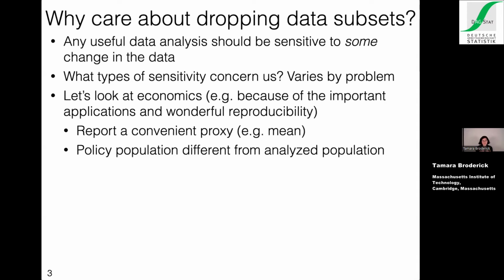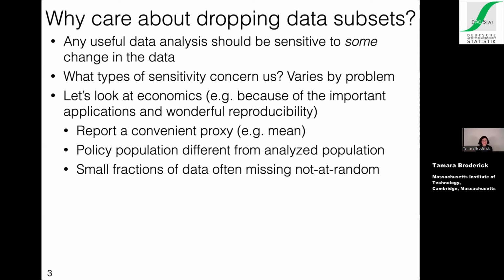But the reality is that if we have some kind of public policy, it's going to be applied potentially in an entirely different country than Mexico. It's going to be applied in a potentially different set of villages. It's definitely going to be applied at a different time than the original analysis was run. And so we might be concerned if our results hinged on an extremely small proportion of our data, because that was maybe just specific to that original analyzed population.